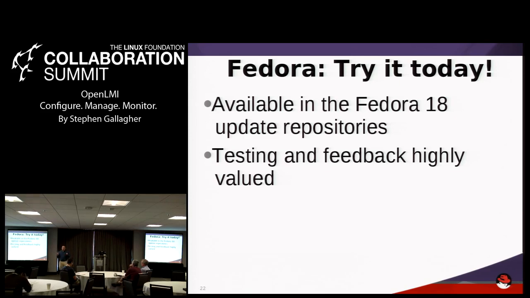We've got a mostly working proof of concept that's out in the Fedora 18 updates testing repository. A couple of pieces landed in the last couple of days for how to do some of the storage stuff and some of the networking stuff, and I think all of the system services stuff that we planned on doing for the first iteration is done.